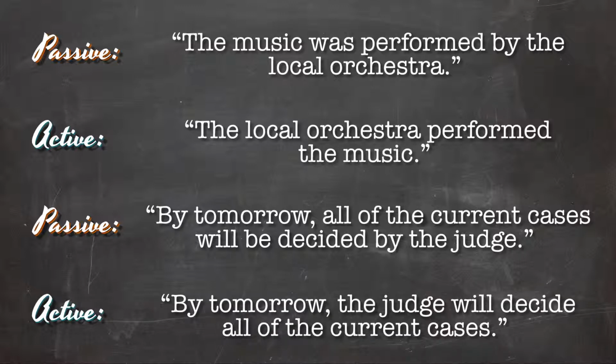By tomorrow, the judge will decide all of the current cases. Notice how in both of these sentences, the active version clearly expresses an agent, the orchestra and the judge, while in the passive versions, we don't know exactly who is doing the action until we get that extra phrase, by the local orchestra, by the judge.